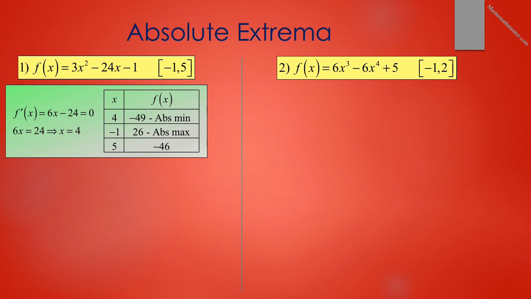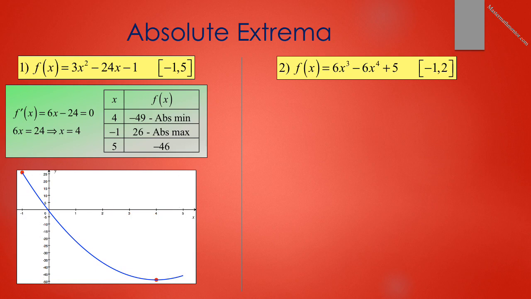F of 4 is negative 49. F of negative 1 is 26. And f of 5 is negative 46. So the absolute minimum is negative 49, occurring at x is equal to 4. And the absolute maximum is 26, occurring at x is equal to negative 1.